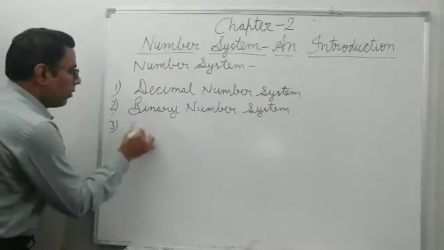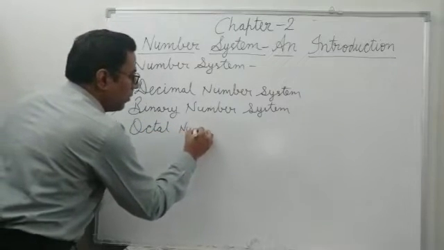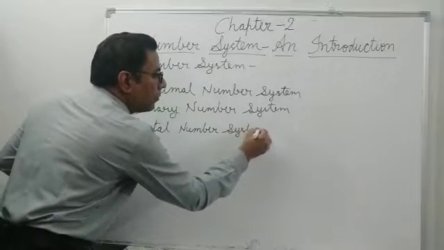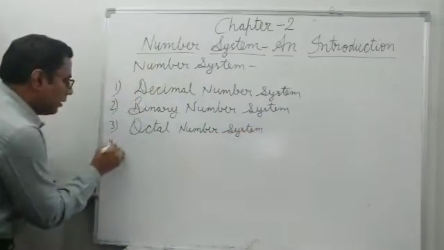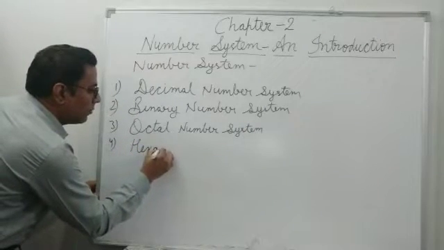Number three is the octal number system. And number four is the hexadecimal number system.